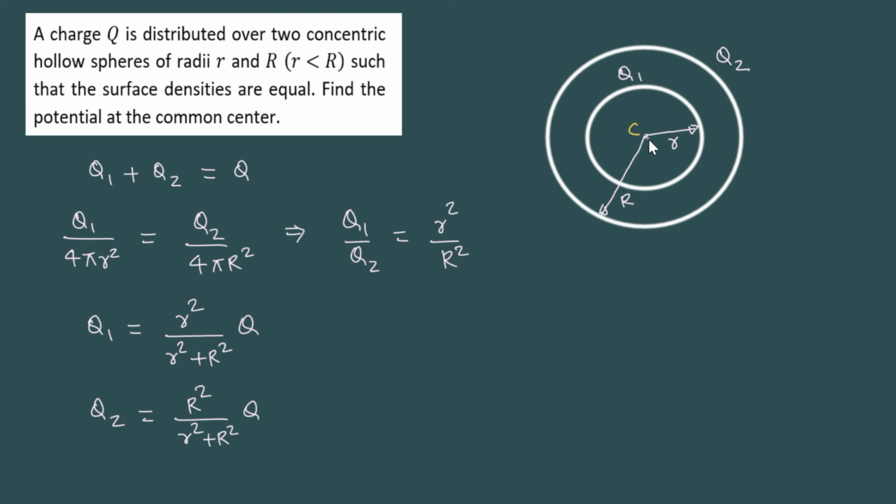Because inside the shell, the electric field is zero. So when you're moving a charge inside the shell, the work done is zero. Because the work done is zero, the potential energy should not change, hence the potential should not change. So whatever potential the shell has at a point outside the shell, anywhere inside you should have the same potential.